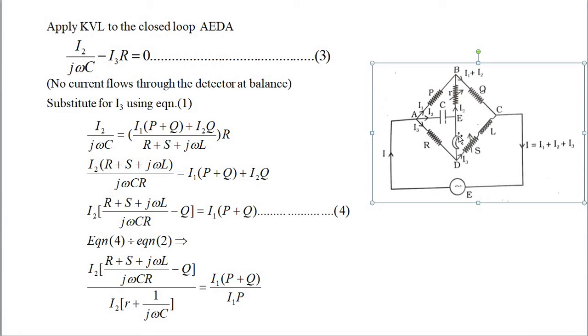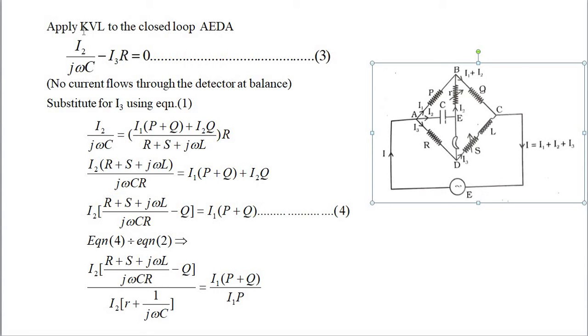Here there is no current flow through this branch, so that is 0. Minus I3, plus I3 R is equal to 0. So when we take that into the right hand side, you will get I2 divided by j omega C minus I3 R is equal to 0.